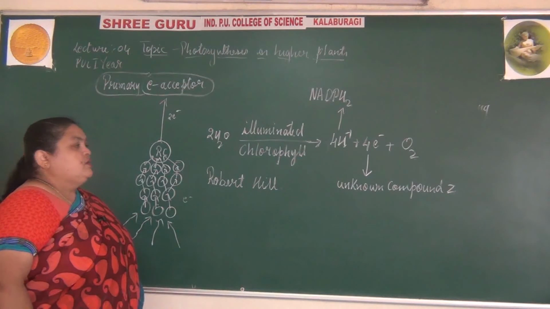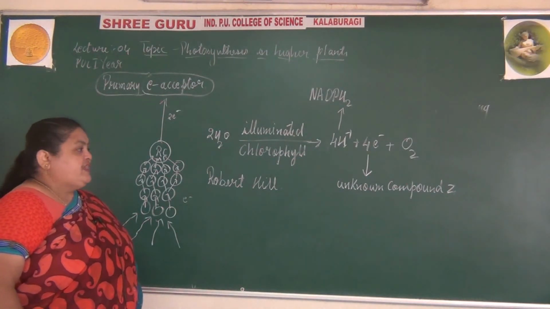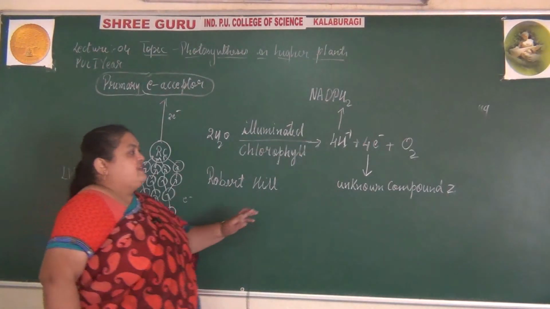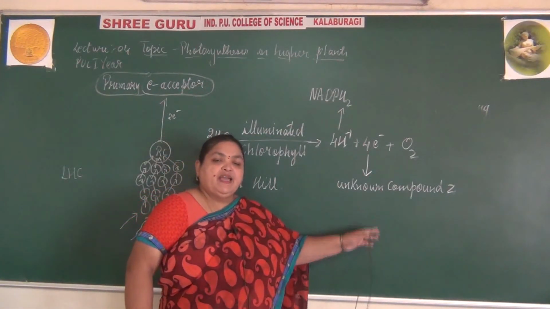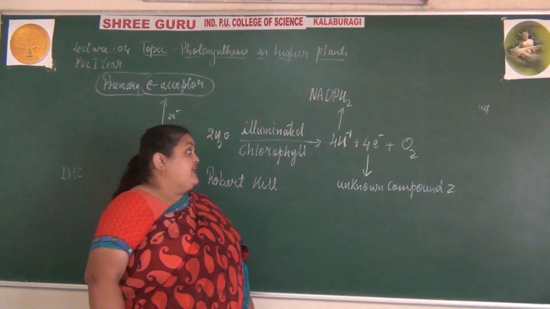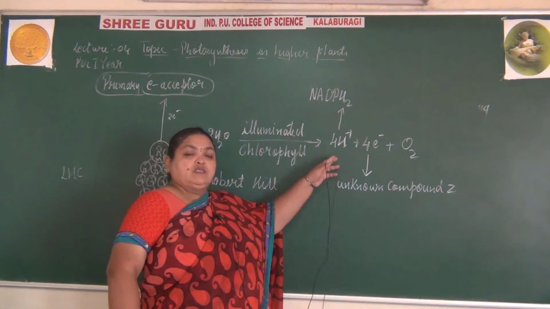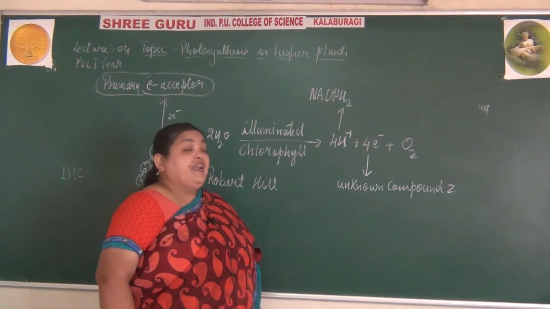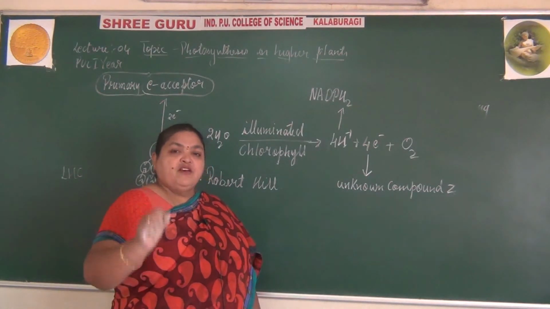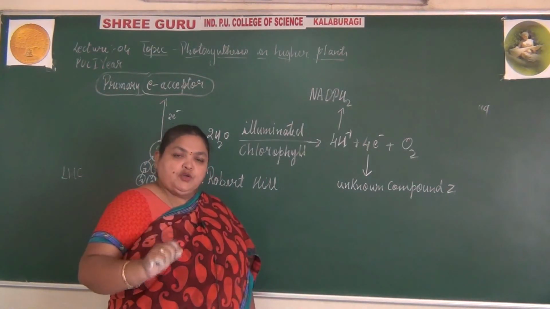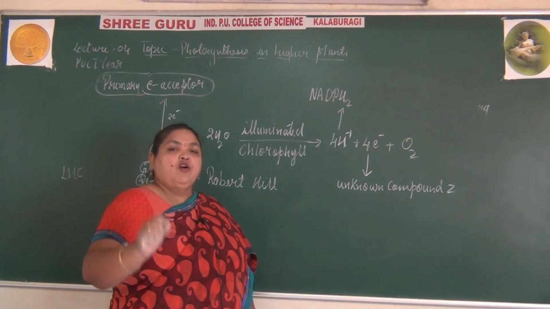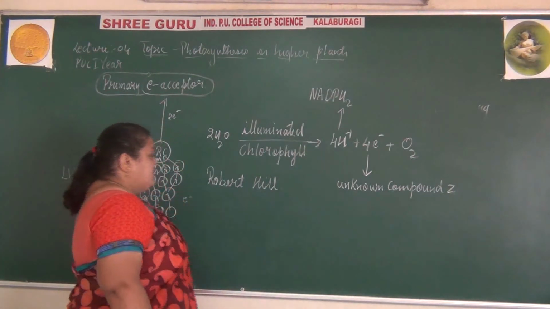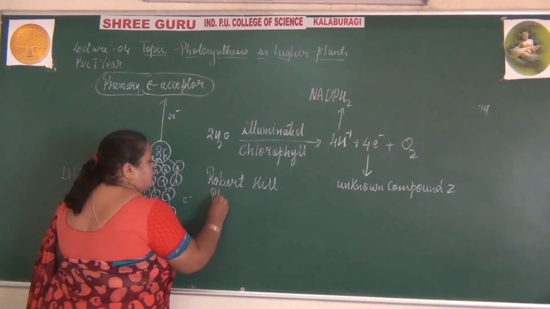When they split, they form protons, electrons and oxygen, and the electron is absorbed by an unknown compound called Z, while the protons, the hydrogen ions, are used in the synthesis of NADPH2. This is the first step in the process of photosynthesis, that is splitting of water molecules, also known as photolysis of water.